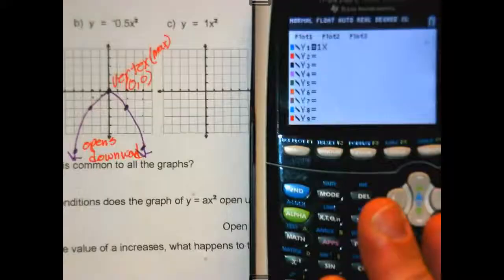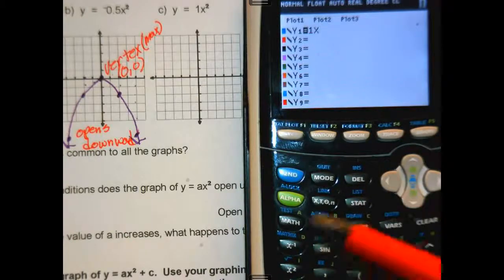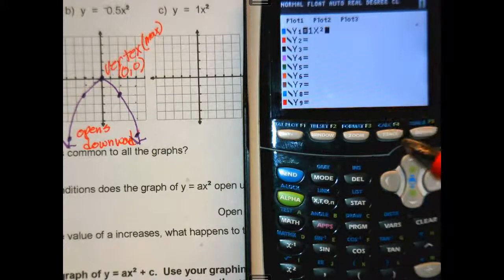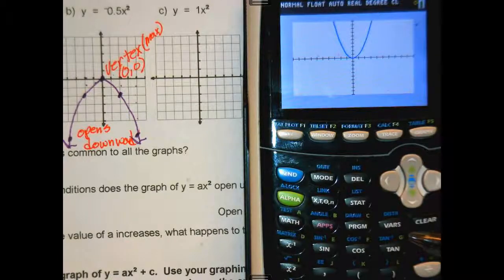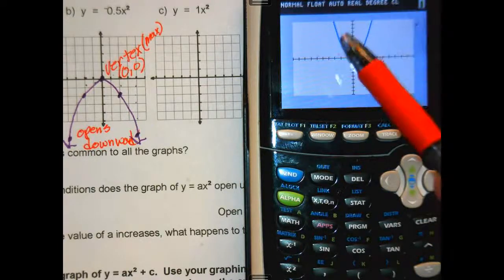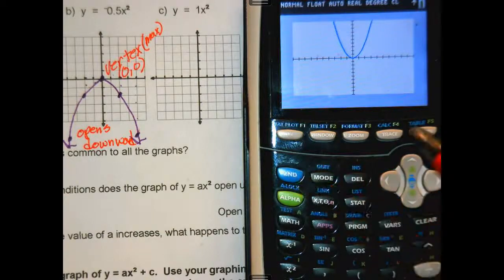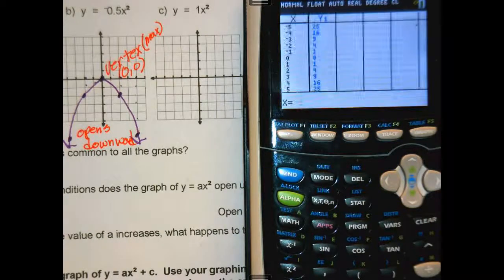And then I need the squared key, which is right here. Hit graph. And there's my graph of y equals 1x squared. So I need some points. I'm going to hit my second graph button, grab some points.